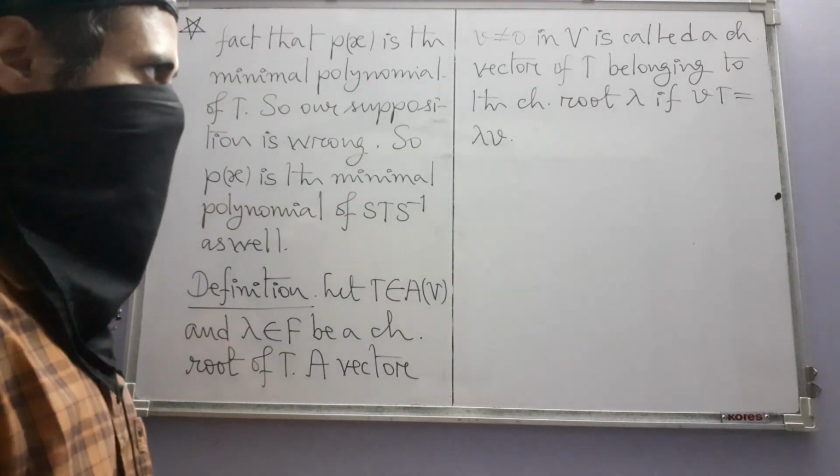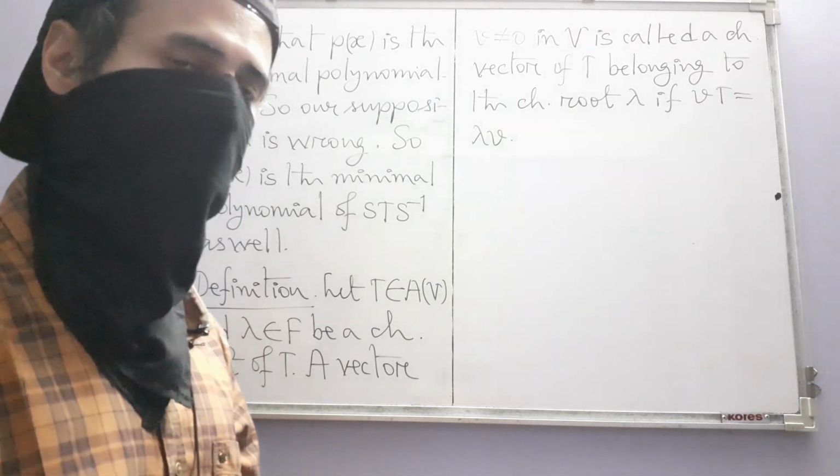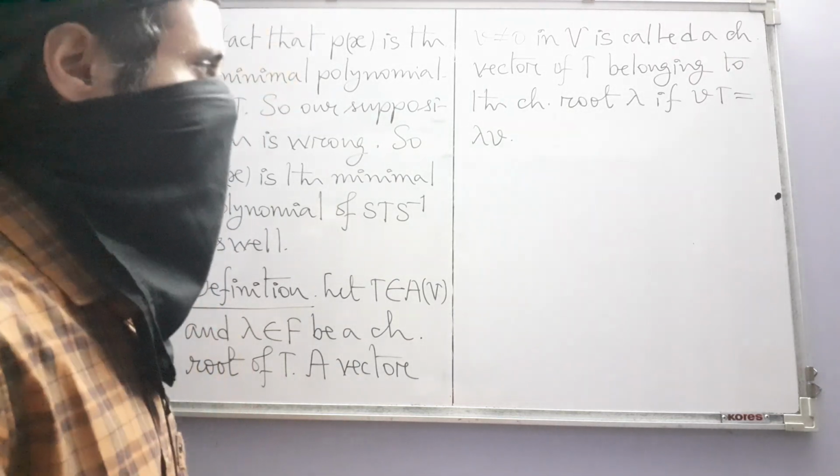Okay, so existence of such a v for each characteristic root lambda has already been established.